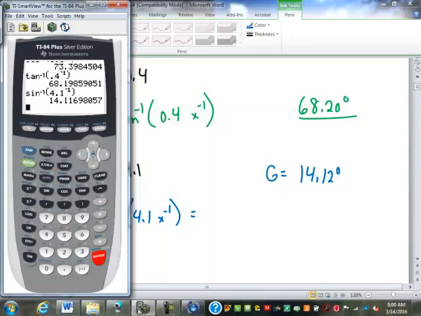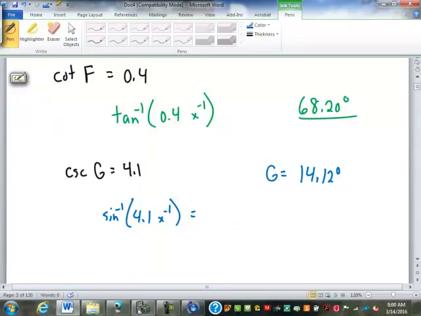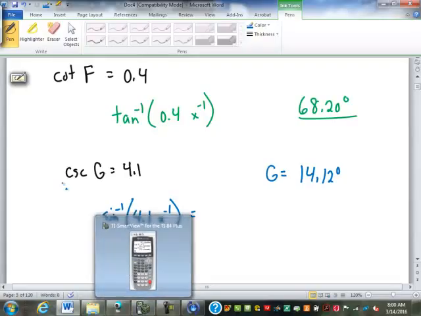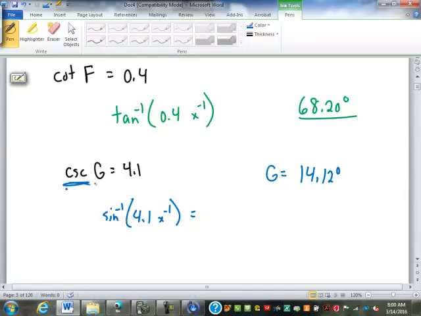Just read it wrong. Okay, it happens. Well, if you said the cosecant, you want the sine. So that's why it goes with the sine. Remember, that symbol means cosecant.